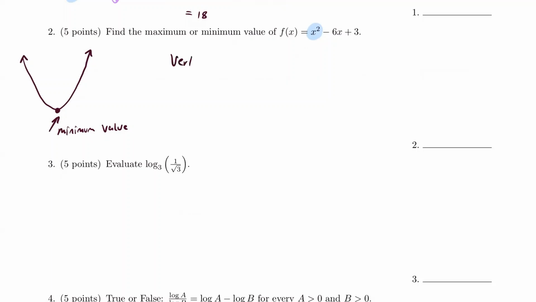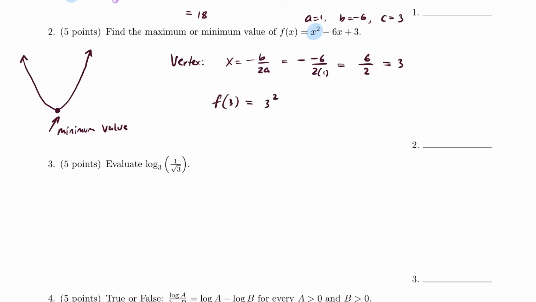Again, the x-coordinate of the vertex is given by negative b over 2a. For this particular parabola, a is 1, b is negative 6, and c is 3. Let's substitute those into our formula. We get negative negative 6 over 2 times 1, which gives us positive 6 over 2, and that would be 3. We need the y value, so I plug 3 into the original function. We get 3 squared minus 6 times 3 plus 3.